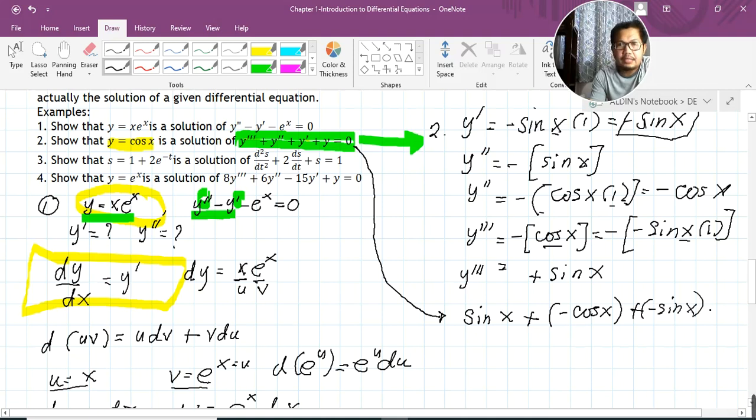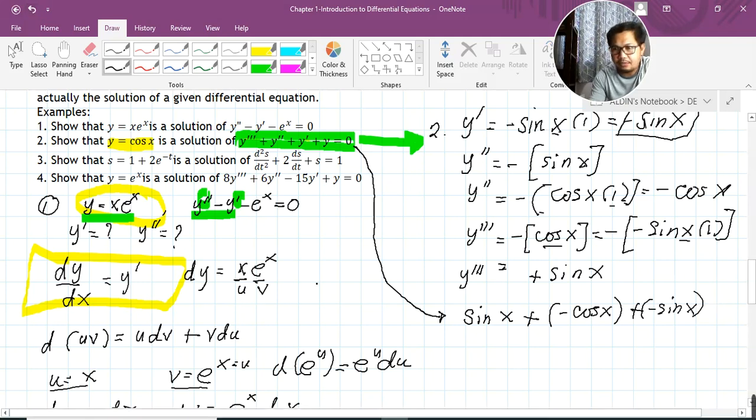And this is equals to 0. Check natin kung paano magiging 0 to. Ano? Meron pang y. Plus y, sorry. Check ko dito. Plus y.